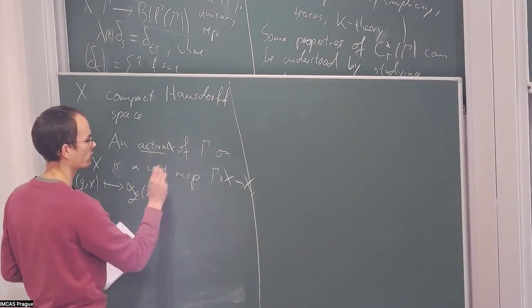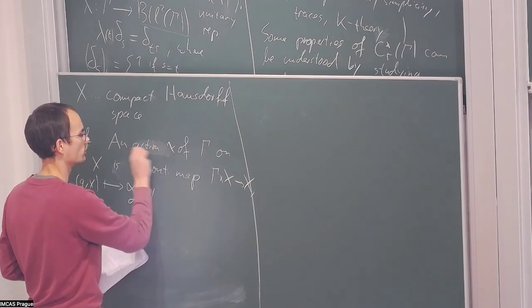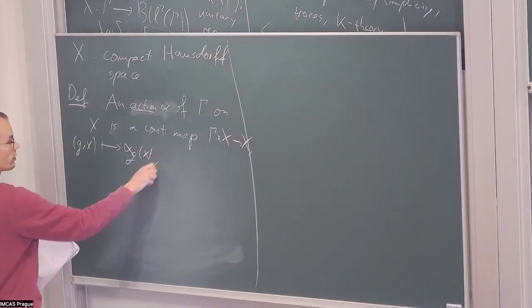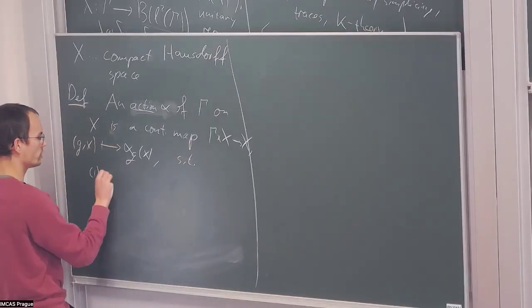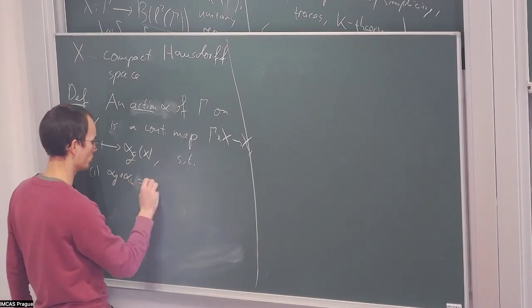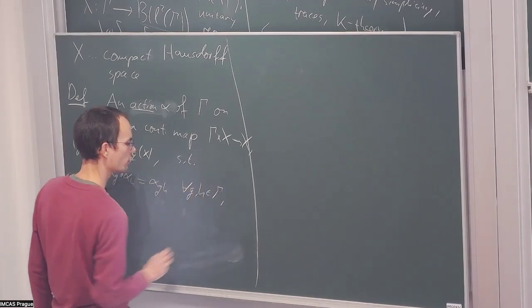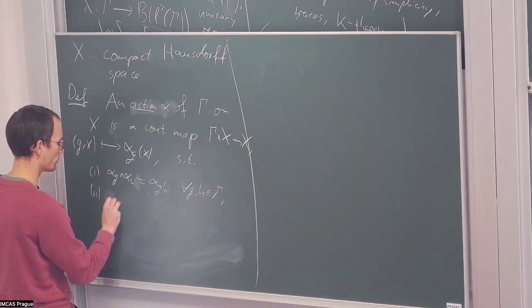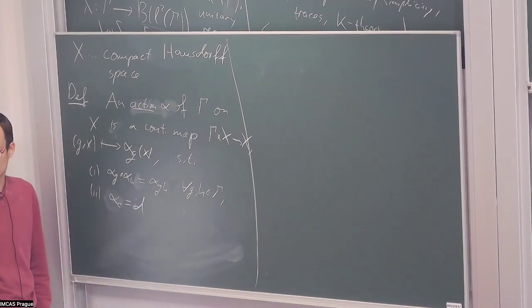So we call the action alpha. So a continuous map like this, such that two things hold. First of all, alpha g composed with alpha h is equal to alpha gh for g and h. And the identity element of the group is the identity on X. Okay.